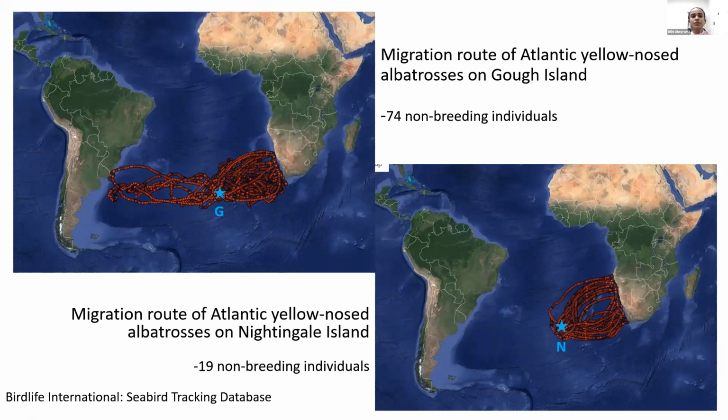But according to data from researchers who monitor these birds on the islands, the Atlantic yellow-nosed albatrosses breeding on Inaccessible Island fly only west. So this is an interesting case for the Atlantic yellow-nosed albatrosses. In these maps, the blue stars represent the approximate location of the breeding islands.